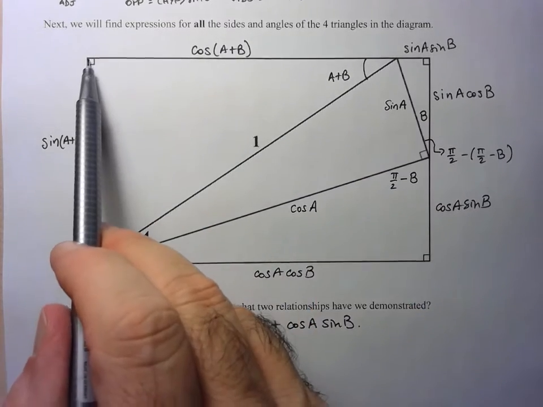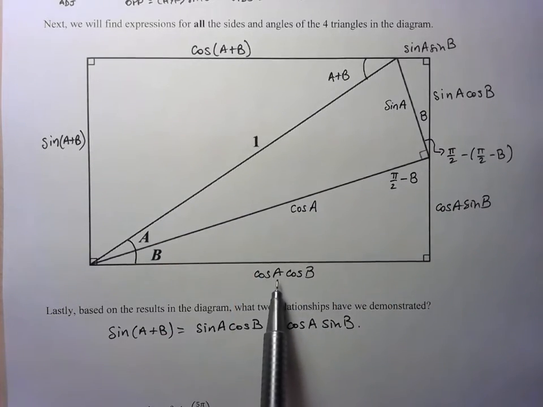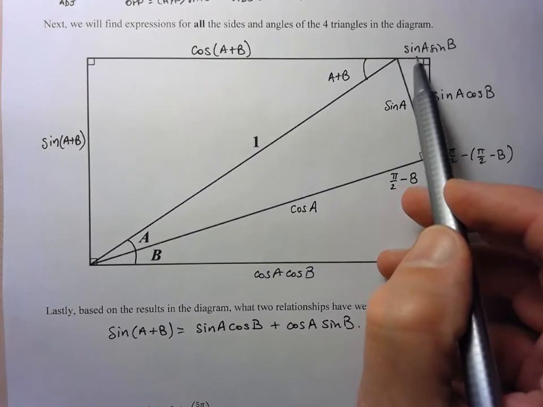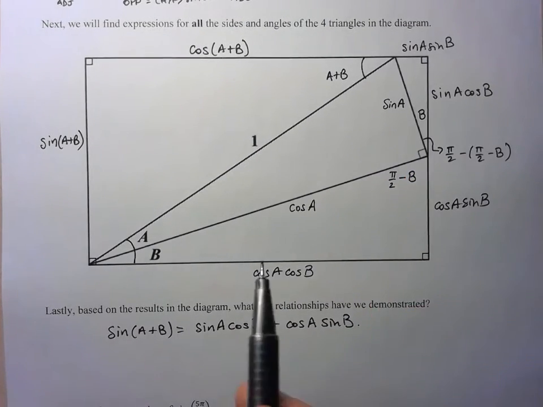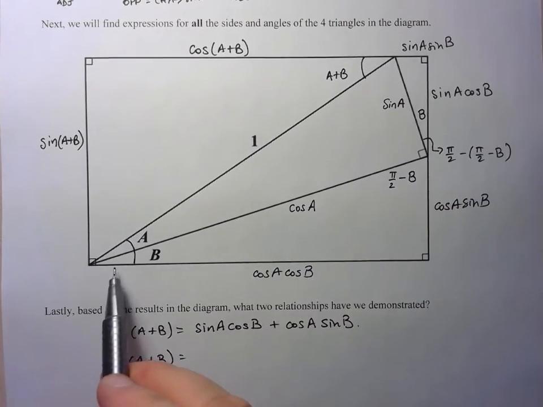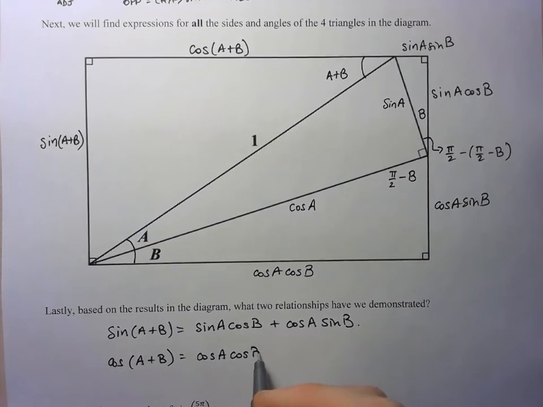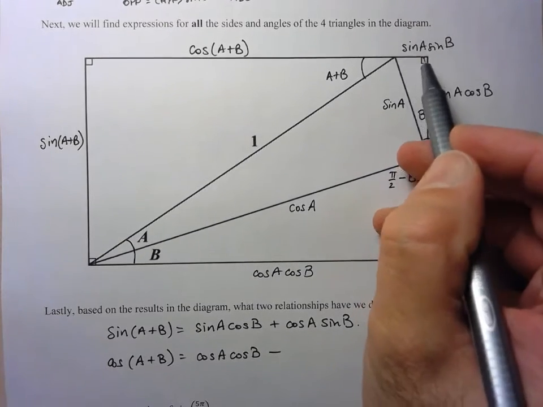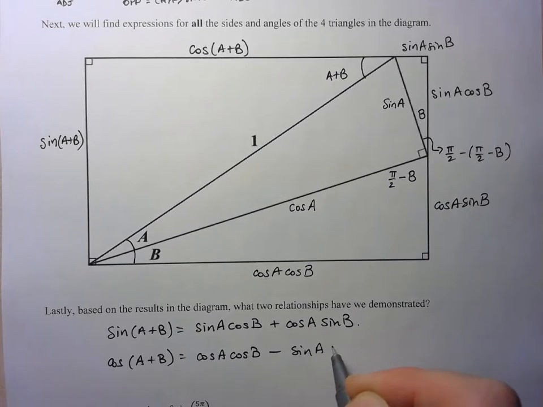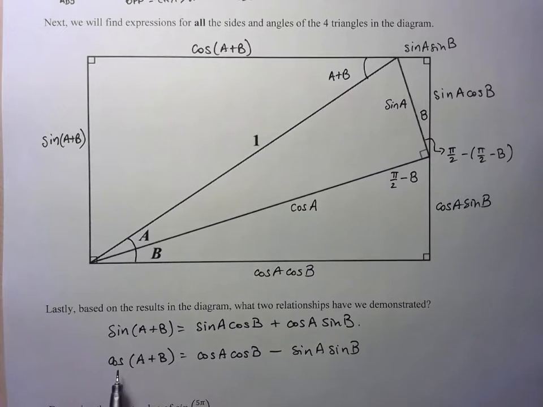But it's equal to the whole side length of the rectangle, which is equal to cos A cos B, minus this little portion here, sine A sine B. So we in fact also get a formula for cos of A plus B. So that's going to be the whole length of the rectangle, cos A cos B, minus this little portion here, sine A sine B. And what we have now is a second identity that gives us another way of writing the cosine of the sum of two angles.